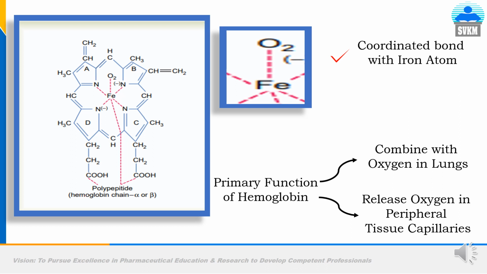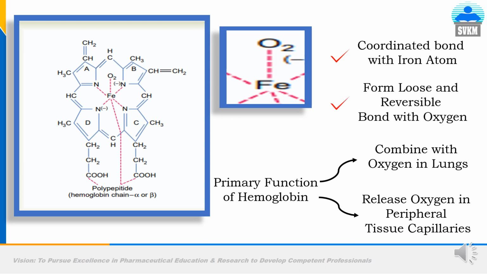Instead, it forms a loose bond with the coordinate bond of the iron atom, which is a loose and reversible bond. The peculiar characteristic of the hemoglobin molecule is its ability to combine reversibly and loosely with oxygen.